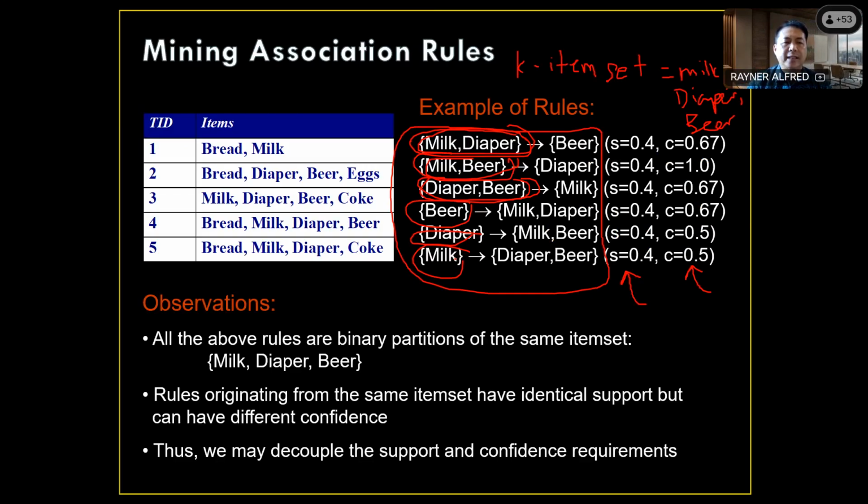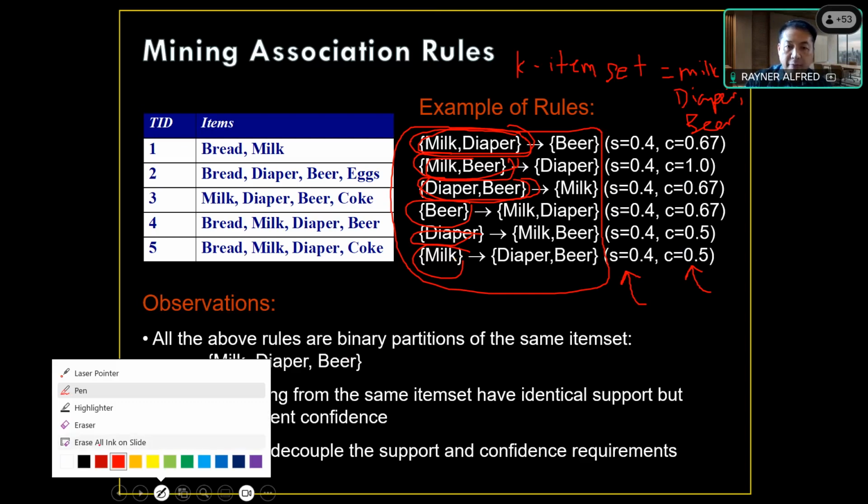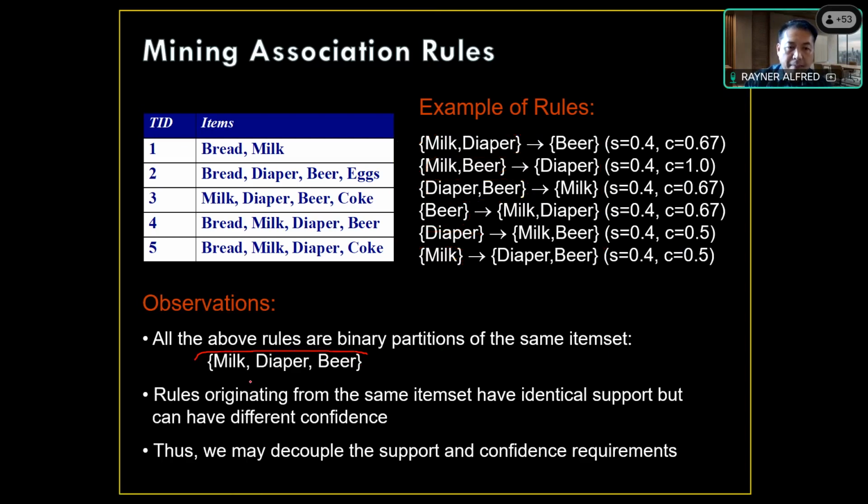Okay, so these are the three observations. All the above rows are binary partitions of the same item set. So basically, all the rules that we have here come from this 3-item set. So these are all the possible rules.